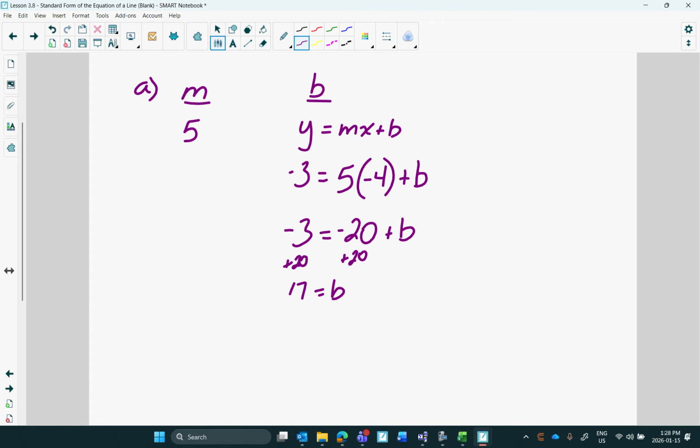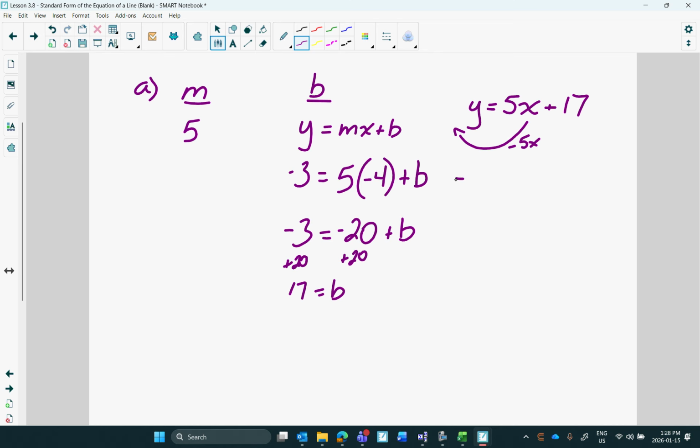So what's our equation? Y equals 5x plus 17. Right, but we are asked for standard form, aren't we? So we have to take this answer, move the 5x over to join the y, and we move it by subtracting 5x.